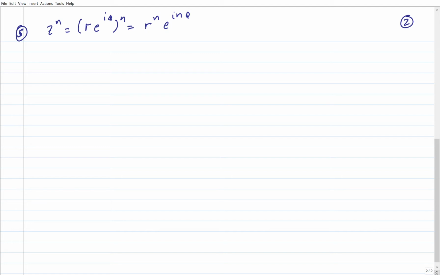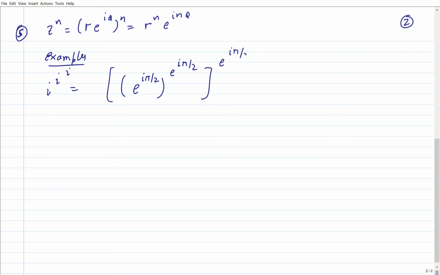Now one can take a few examples. So for example, let me evaluate iota to the power of iota to the power of iota. If I plug in the value of iota, it is e to the power iota pi by 2, e to the power iota pi by 2, to the power of e to the power iota pi by 2.